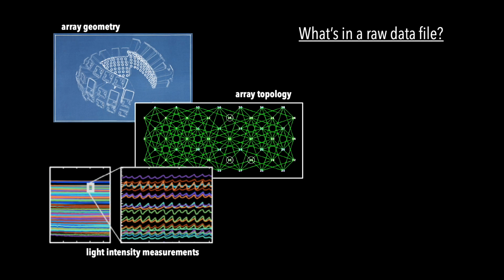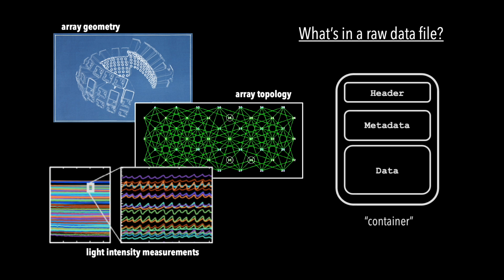In order to process raw data, NeuroDOT must be given the coordinates of the array optodes as well as the array topology, that is, the source detector pair associated with each light measurement. This information is bundled in a raw data file as data and metadata. Such a file format is called a container. Three types of containers commonly used in optical imaging are recognized by NeuroDOT. These are described in the next section.